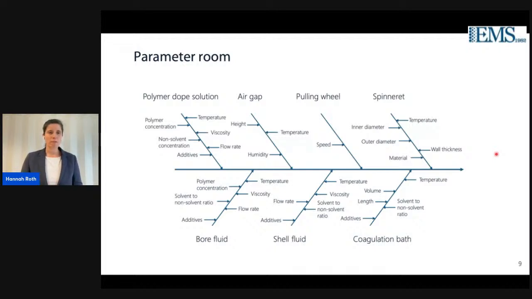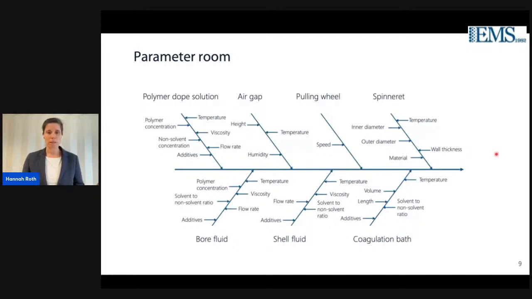But when we have these three choices done, we still have all of these parameters to choose from and to vary to change the structure of the final hollow fiber. Of course, not all combinations of parameters will result in a stable hollow fiber membrane, but there is a lot of room typically in recipes to then tune the structure by varying these parameters.